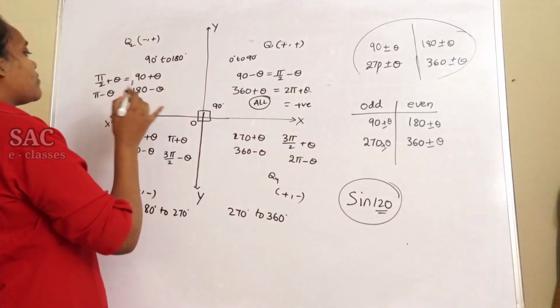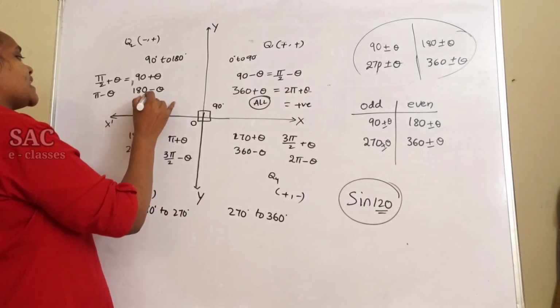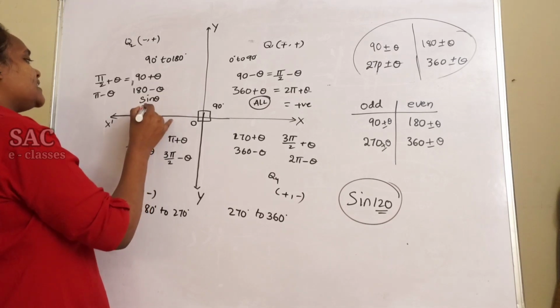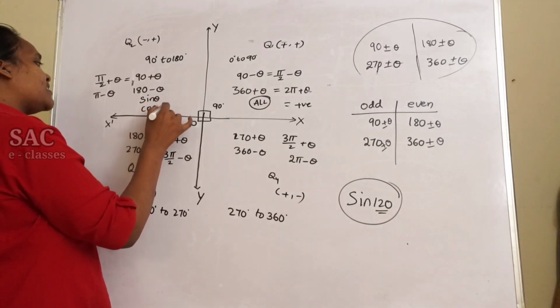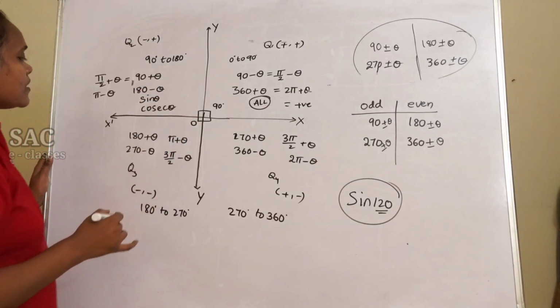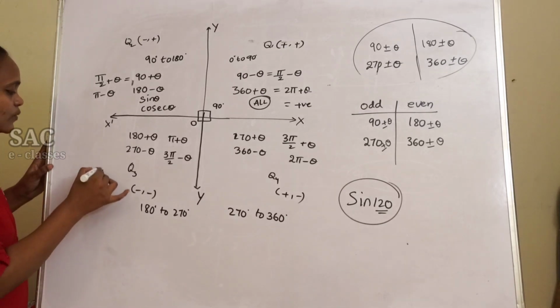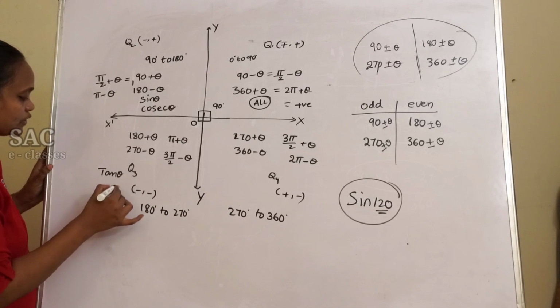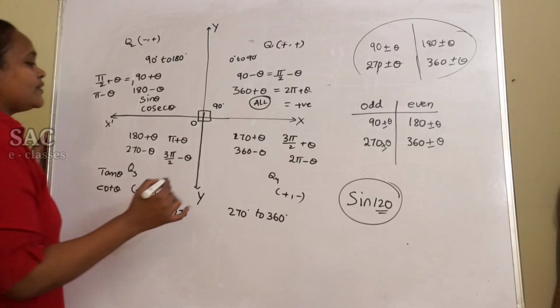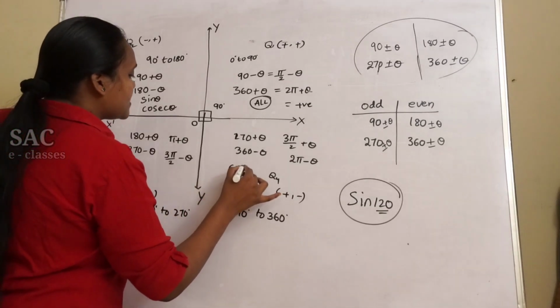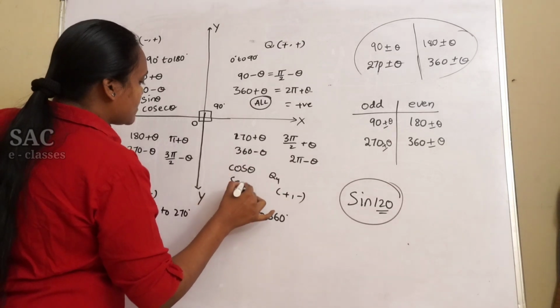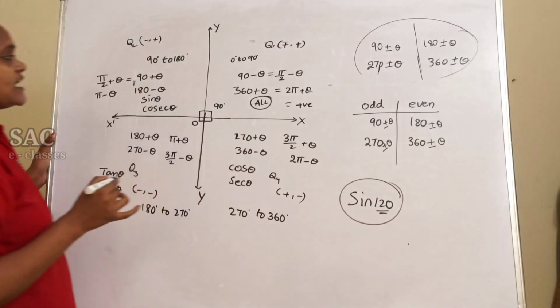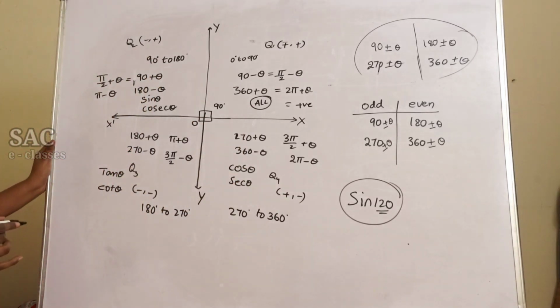But in the second quadrant, only sine and its reciprocal cosecant are positive. In the third quadrant, only tan and cot are positive. In the fourth quadrant, cos and its reciprocal secant are positive.